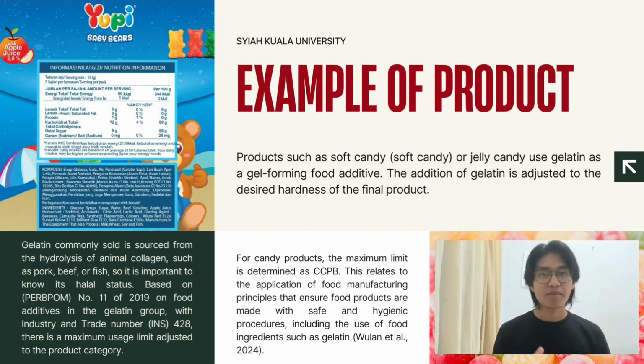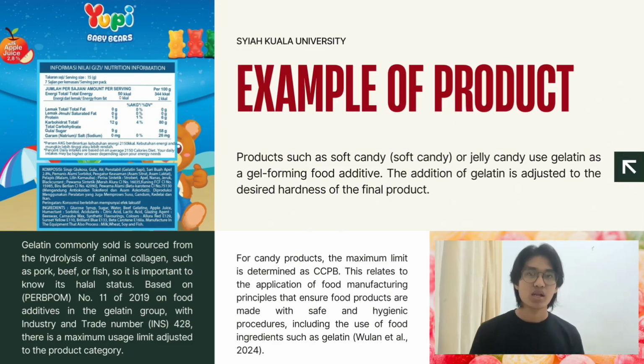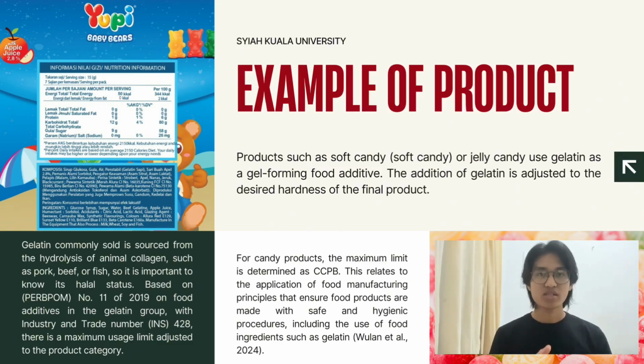Based on BPOM, or in Indonesia, Peraturan Badan Pengawas Obat dan Makanan number 11 of 2019 on food additives in the gelatin group, INS 428, there's a maximum limit adjusted to the product category.